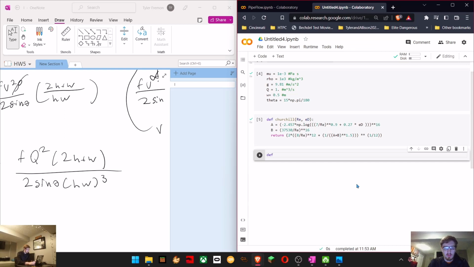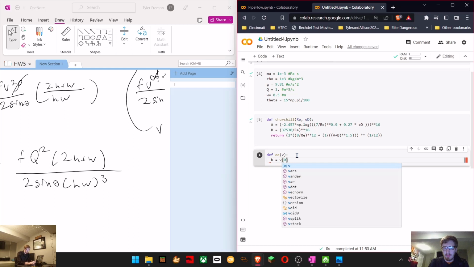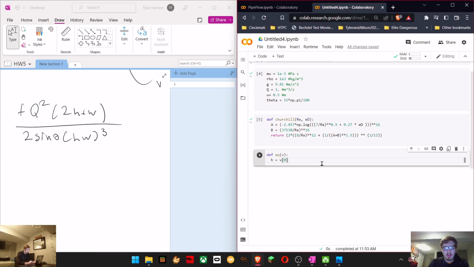So we're going to have an equation. The input is going to be a vector, just so it works with the root solver. We're going to have h be the first and only term in that vector. Then we can start defining a few different variables here.